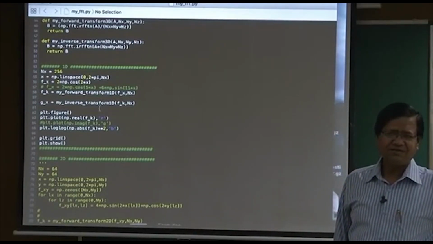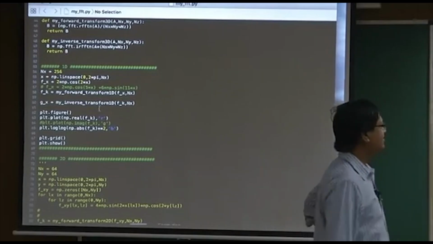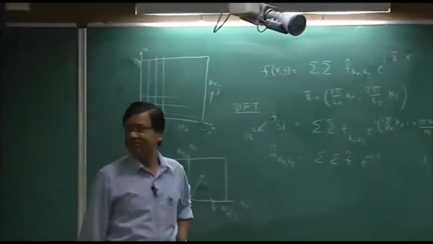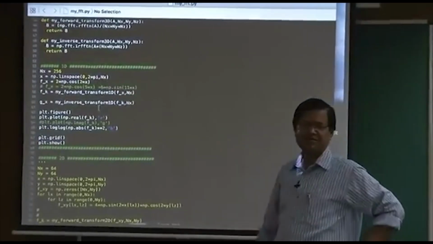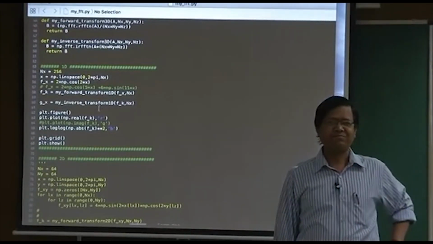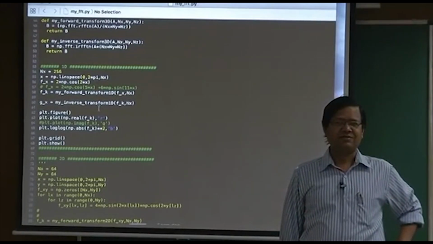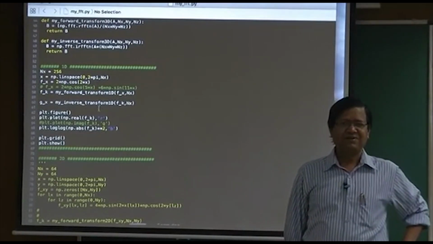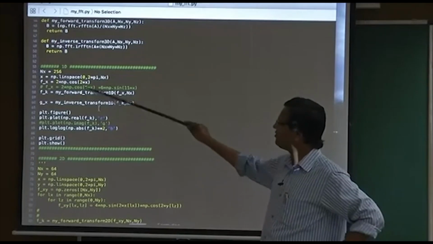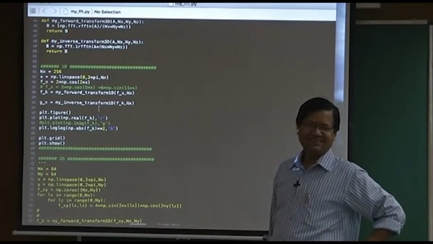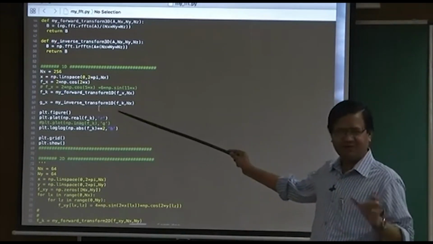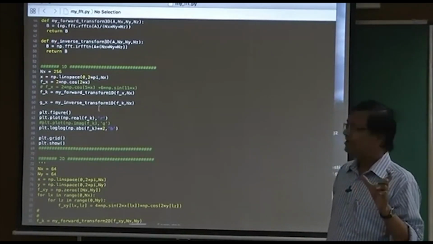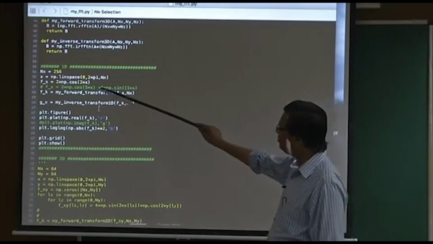Lx is 2 pi, I am choosing Lx is 2 pi. Lx is the period of fx, but my code should also work for cos x. Okay. So, for any periodic function, my box is 2 pi. For box 2 pi, this will correspond to k equal to 2.